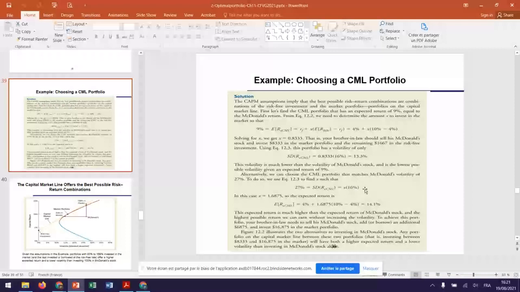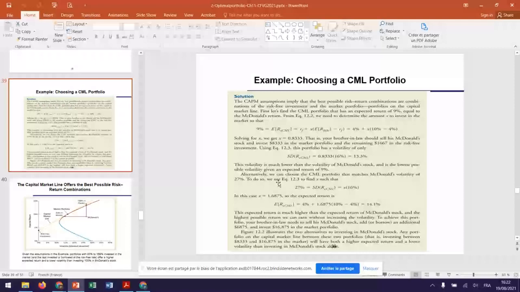So X equals 27% divided by 16%, which is 1.6875. When X is bigger than 1, it means you need to borrow and invest more in the market portfolio.